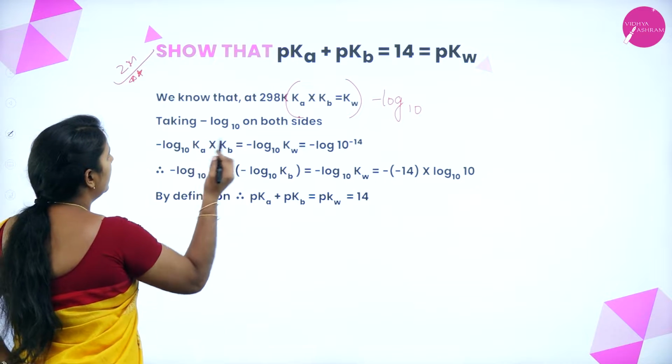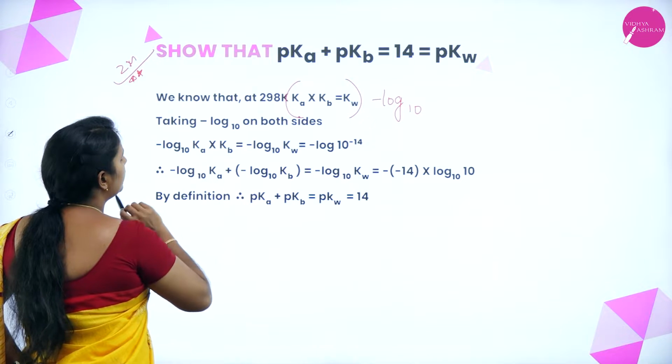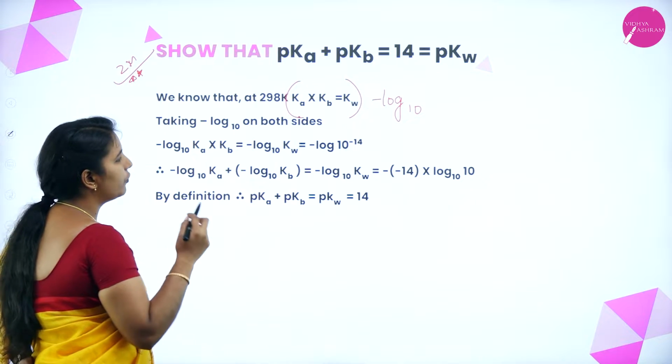So, what will happen? The negative log of Ka into Kb is equal to the negative log of Kw.